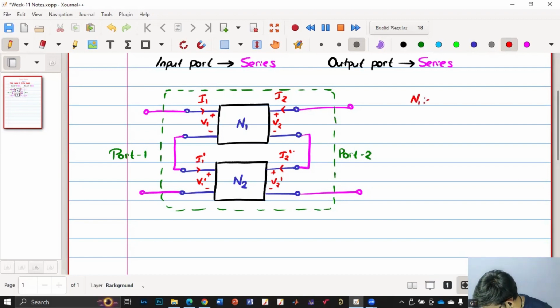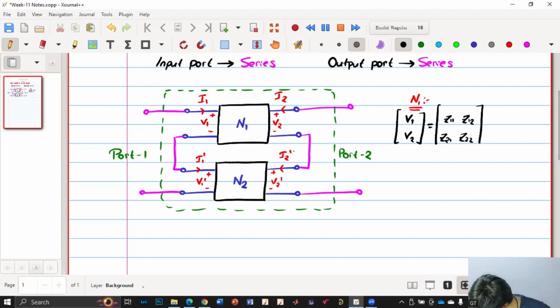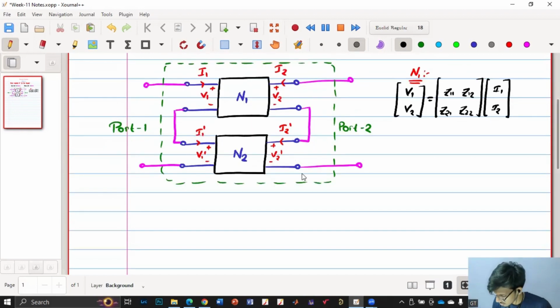So for network N1, say the Z parameters are Z11, Z12, Z21, Z22. So if we take that, we have V1, V2, we know about Z parameters, right? So V1, V2 is equal to Z11, Z12, Z21, Z22 into I1, I2, right? Now, this is for network N1. Now we'll do the same for network N2.